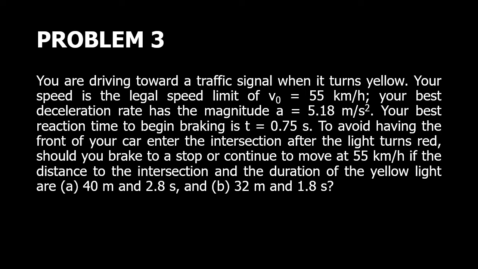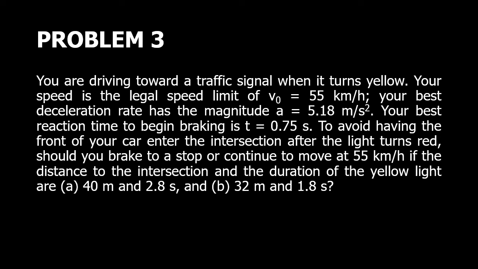To avoid having the front of your car enter the intersection after the light turns red, should you brake to a stop or continue to move at 55 km per hour? If the distance to the intersection and the duration of the yellow light are A, 40 meters and 2.8 seconds, and B, 32 meters and 1.8 seconds. So we are talking here whether you're going to stop or continue with this given.